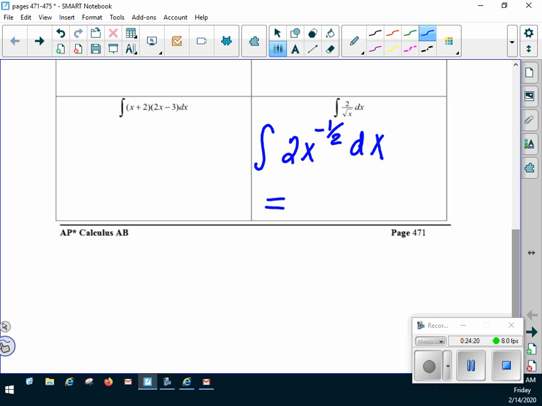Let's leave it as fractions for right now. How'd you get x to the 1/2? Perfect. Okay, so we raised this exponent by 1, so that's going to be x to the 1/2. And then what'd you do? What's 2 divided by 1/2? That's 4, yep.